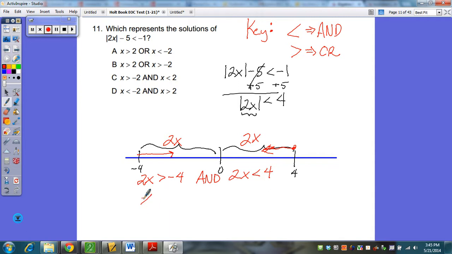So we can solve this. X is greater than -2 and x is less than 2. And so we can see here that my answer is C. Notice that if you're able to recognize the and the or from the beginning, I can eliminate 2 of my options right there.